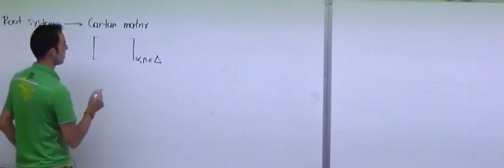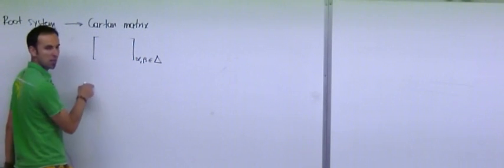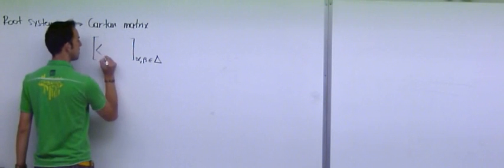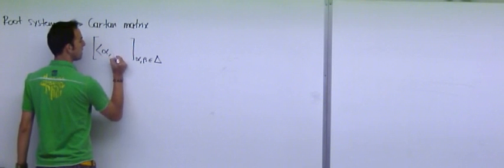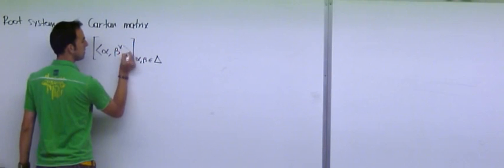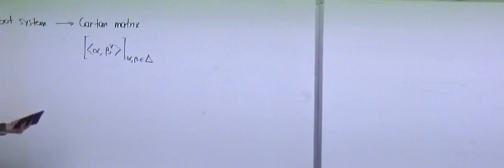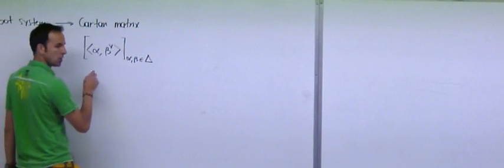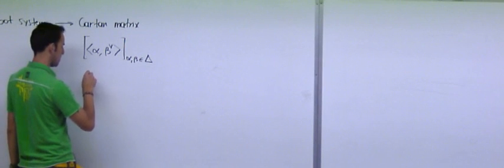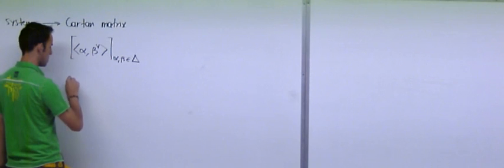And in the entry alpha comma beta, what you write down is the inner product of alpha and beta check. Remember that when I put a check, I'm just renormalizing the root. And the way that I do it is that.